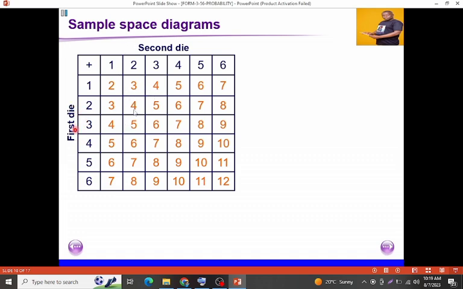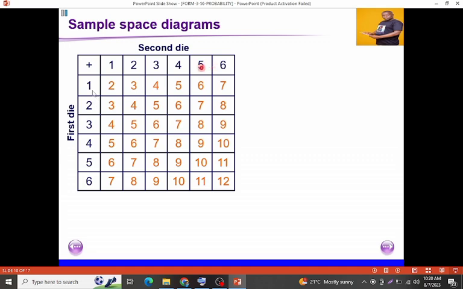So this is a diagram showing a sample space of 2 dice. We have a die with 6 sides and another with 6 sides. The first one is thrown here. These are the outcomes 1 to 6. The second one is also thrown, so the outcomes are also 1 to 6. And then the outcomes on the first die are added to the outcomes of the second die to find these values here.